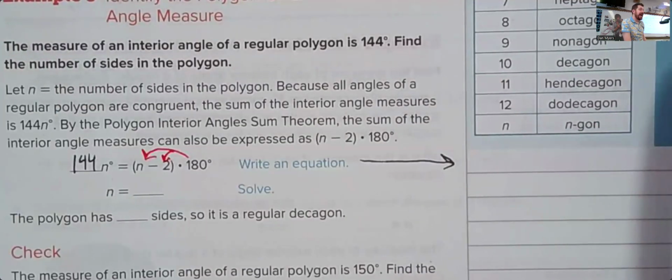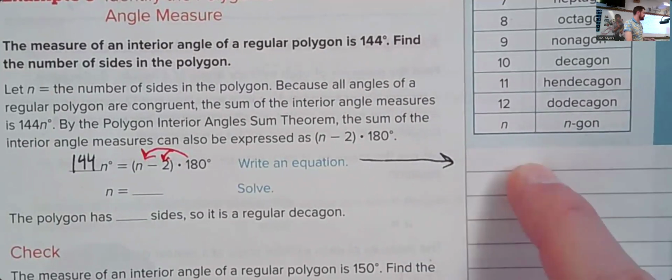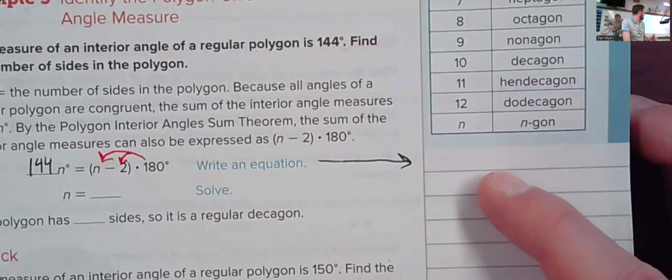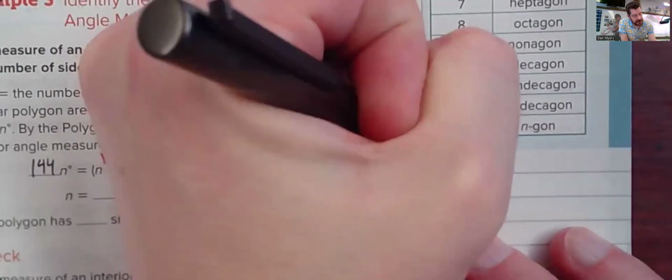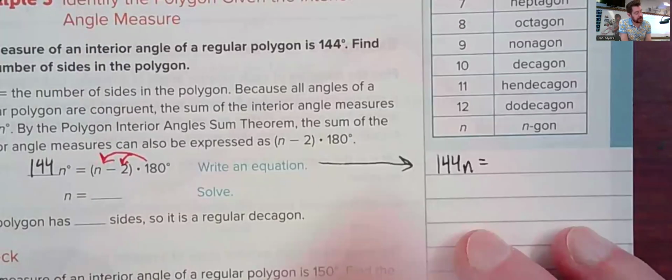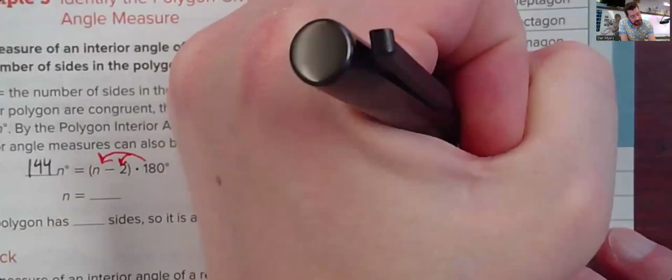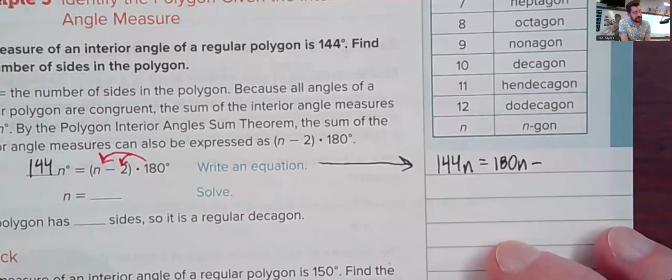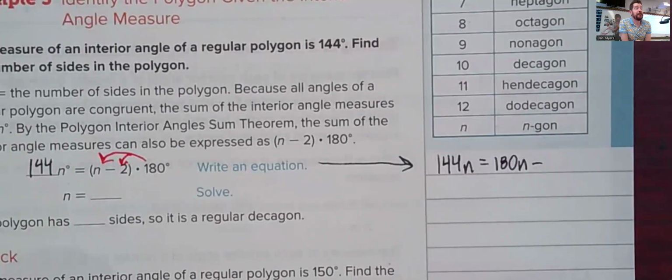Distribute the 180 to the n and the minus 2. So let's write the resulting step over here. So we're going to have 144n equals 180n minus what? Minus 360.